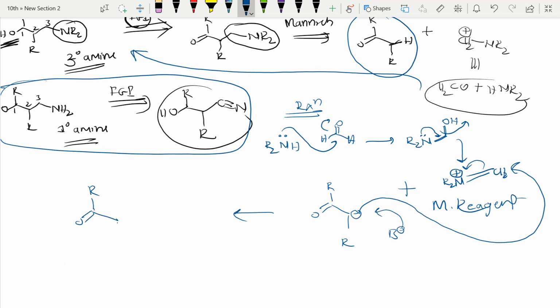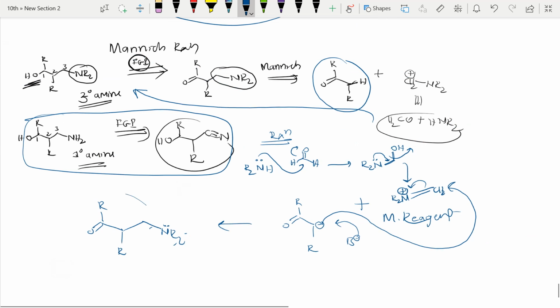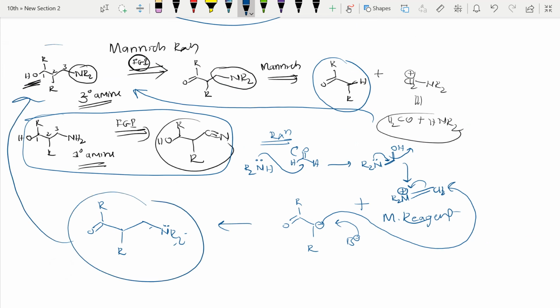So what happens here? R as it is, CH2 and again NR2. See here, nitrogen is having three bonds, and it has got its lone pair back. Did we get the same starting material? Yes, we got the same. So here we call it the product, but in retrosynthesis we call it the target molecule, right?